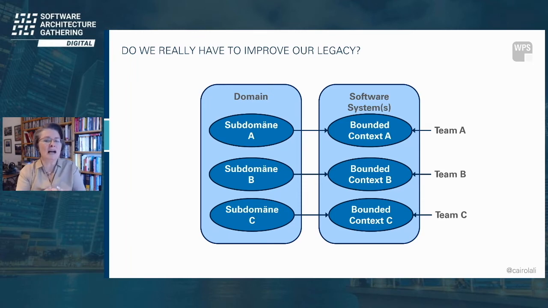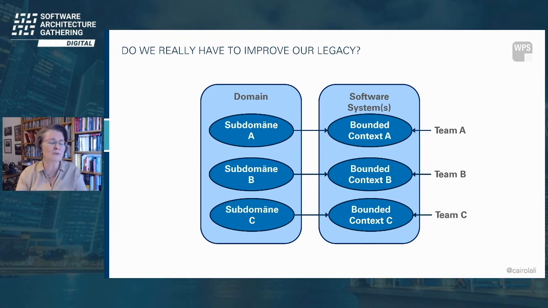But now, if we have this big landscape of legacy software, however many it ever might be, but in here just 3, well, where do we start? Which is the one we start to improve in the first step, or do we do it with all of them?